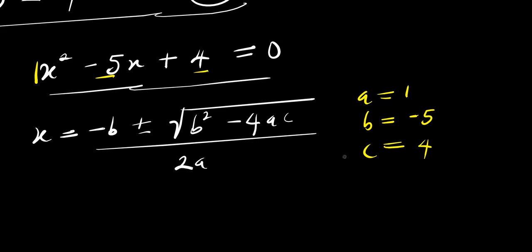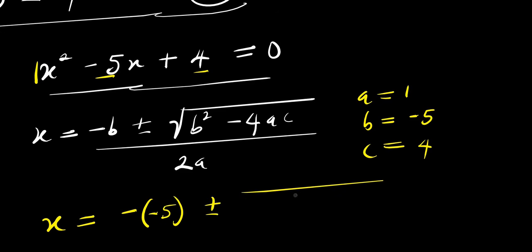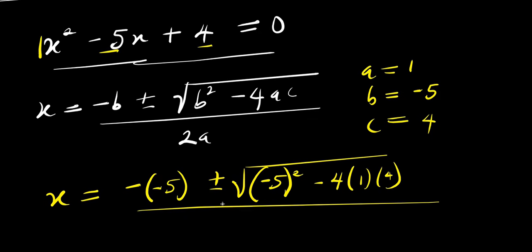So substituting all these values, x equals negative b, that is negative times negative 5, plus or minus square root of b squared, that is negative 5 to the power of 2, minus 4 times 1 times 4, divided by 2 times 1.